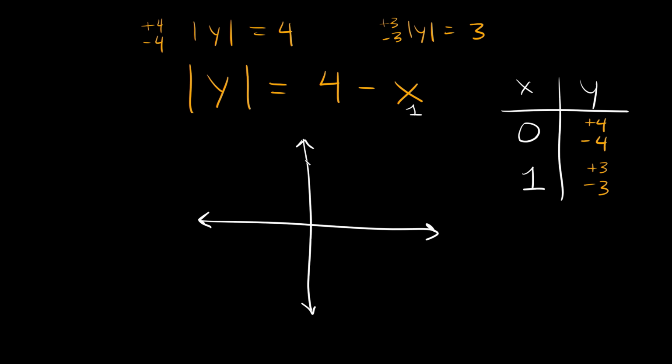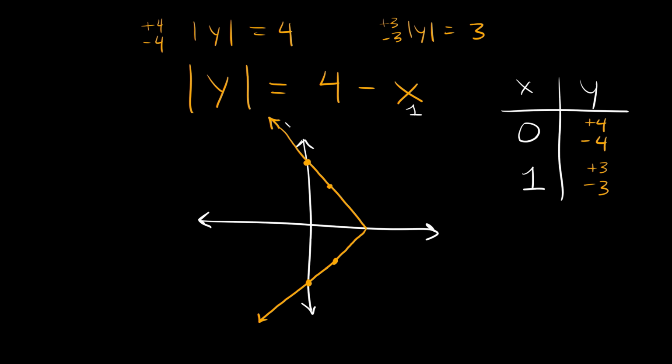So we get 0, +4, we'll just say there, 0, -4 is about there, and then we also get 1, +3, and 1, -3. Okay, so again, your graph with an absolute value is going to look like a V. So this one kind of looks like maybe the point is right there, right where it turns.